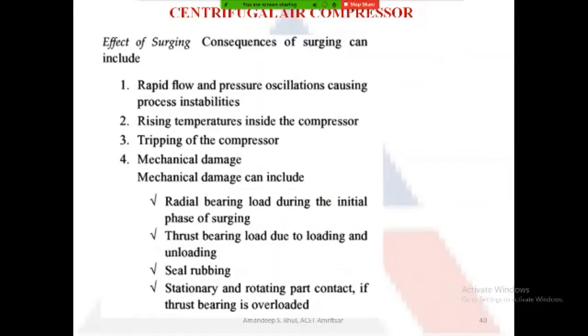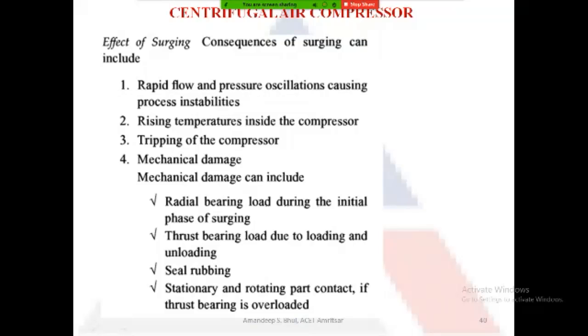So the instability of air delivery is there. Surging also causes an increase in the temperature of air. Okay. And then third is the tripping of the compressor. Tripping means the supply of compressed air is stopped. So that is tripping.